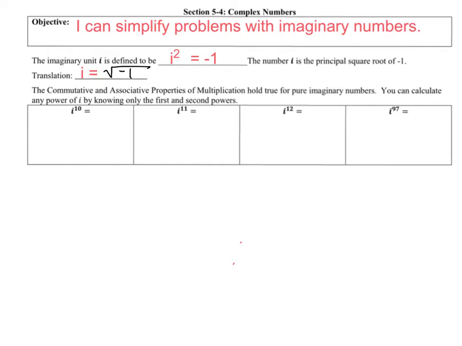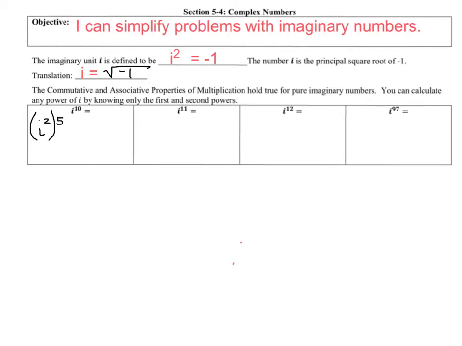So, what we want to do here, we have i to the 10th. Anything we're trying to figure out that is i raised to a power, we always want to start off with i squared, because we know what i squared is equal to. So if I have i squared, I'm going to have an exponent of 5 on the outside for it to equal 10, because 5 times 2 gives us 10.